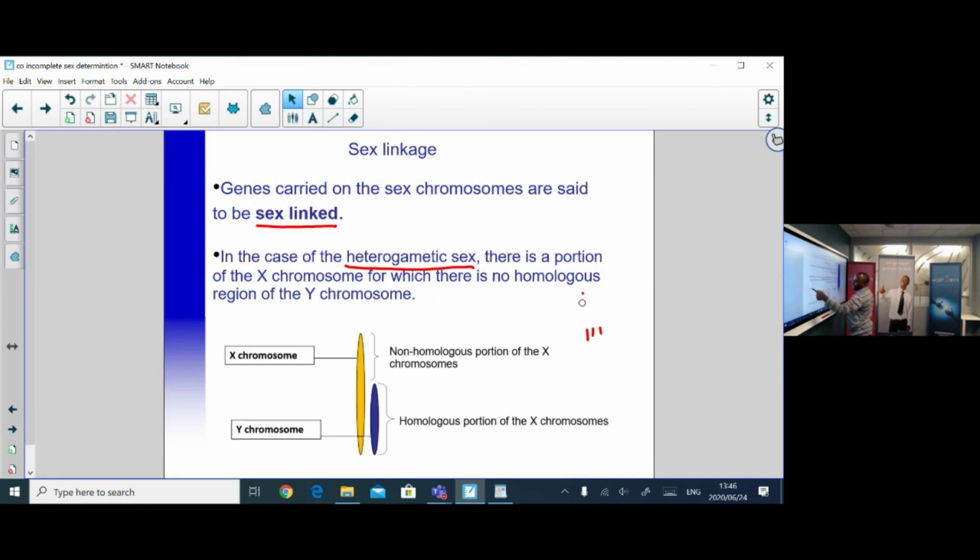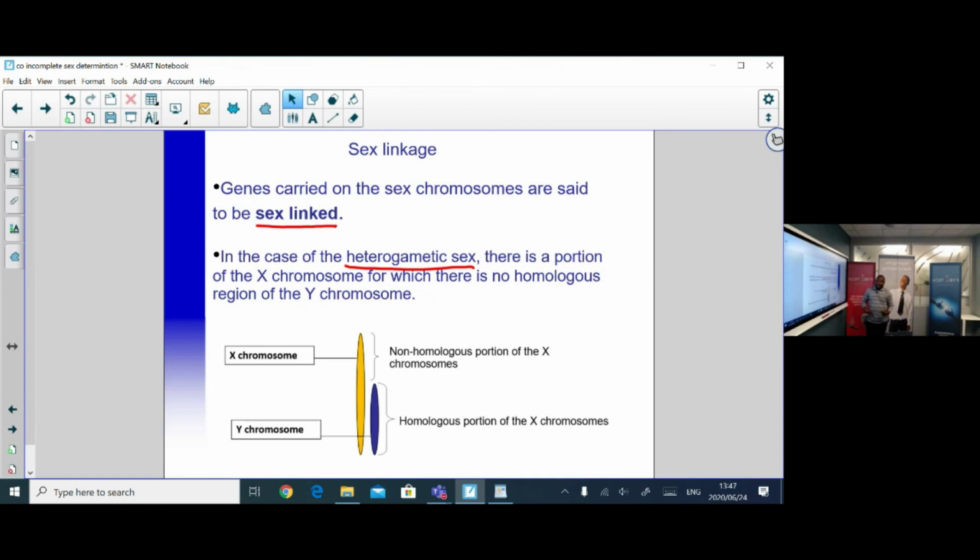So before we end, I want you to go home and interpret this diagram, because it would help us to understand lots of dynamics. In the case of heterogametic sex, it's X and Y. And who is a heterogametic sex?